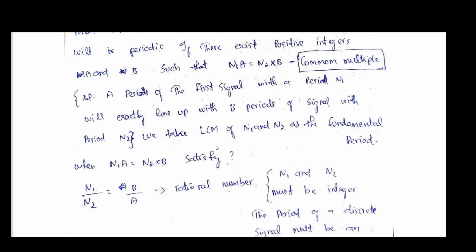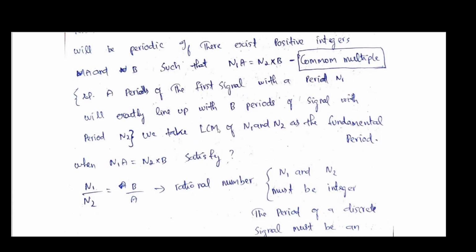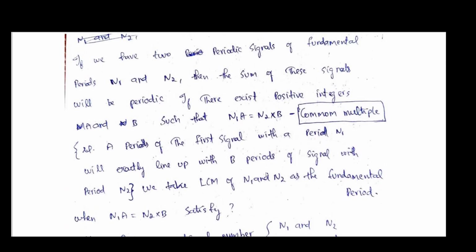So we consider the fundamental period of the composite signal as the least common multiple of n1 and n2, where n1 and n2 are the periods of the first and second signal respectively.